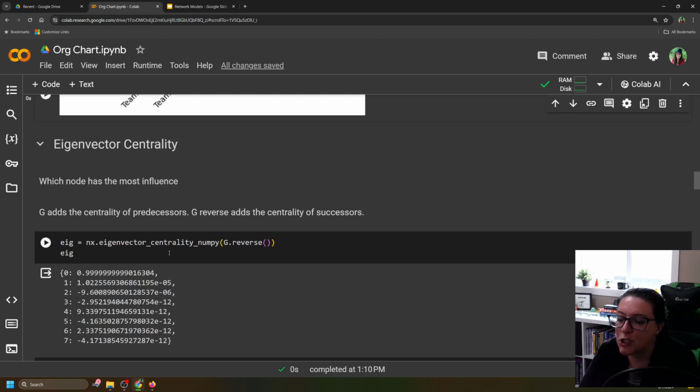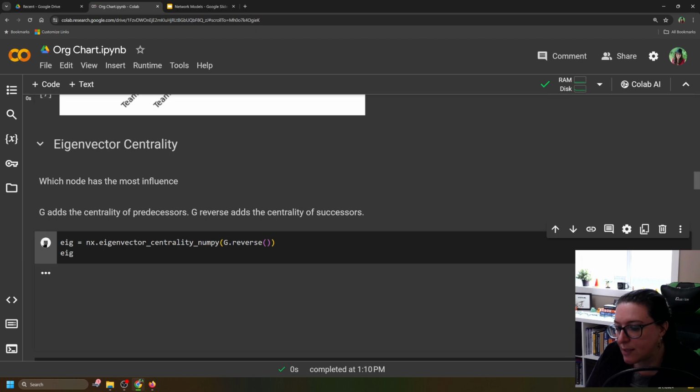So if you leave G just as it is, it's going to add the centrality of predecessors. G reverse adds the centrality of successors. In this particular case, we want to look at who has the most influence. Because our org chart flows information down in terms of direction, we actually want to go G reverse.